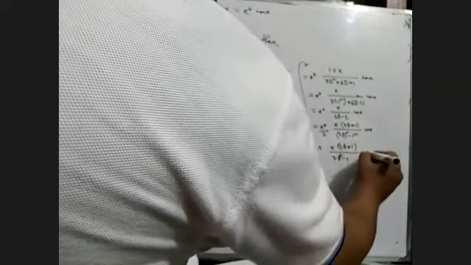Now we can easily put D square equals minus 1 square, the coefficient of x.